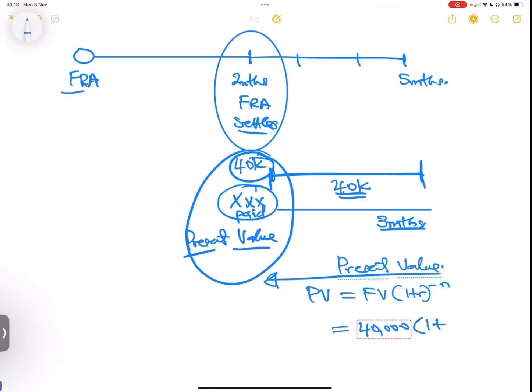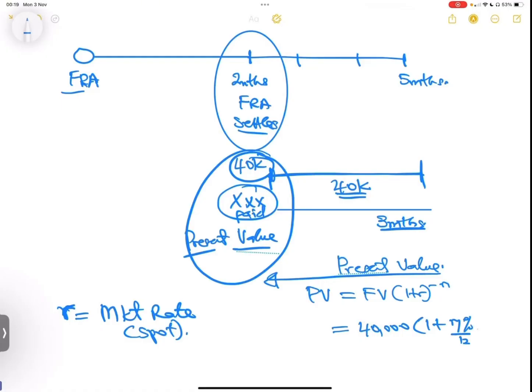And your R is always the market rate. Let me write it down. Please don't forget, don't use FRA rates for R. R is your market rate, your spot rate on the date of transaction, your 7%. But remember, 7% is an annual rate, so you need to convert it to the period that you're interested in.